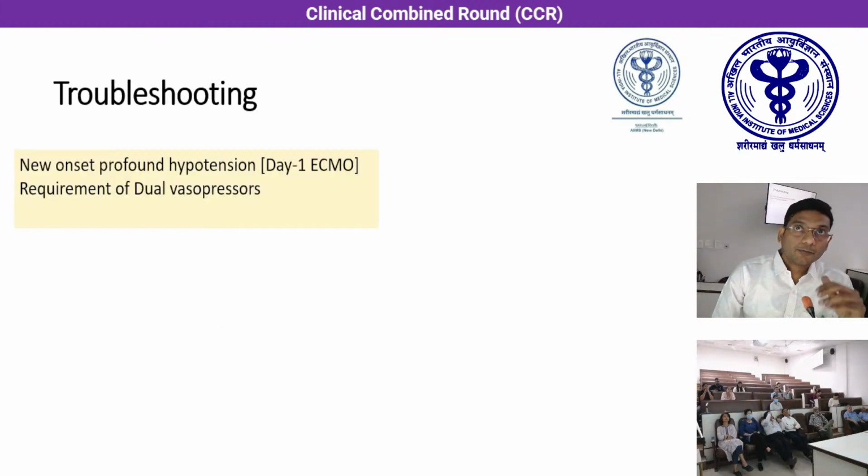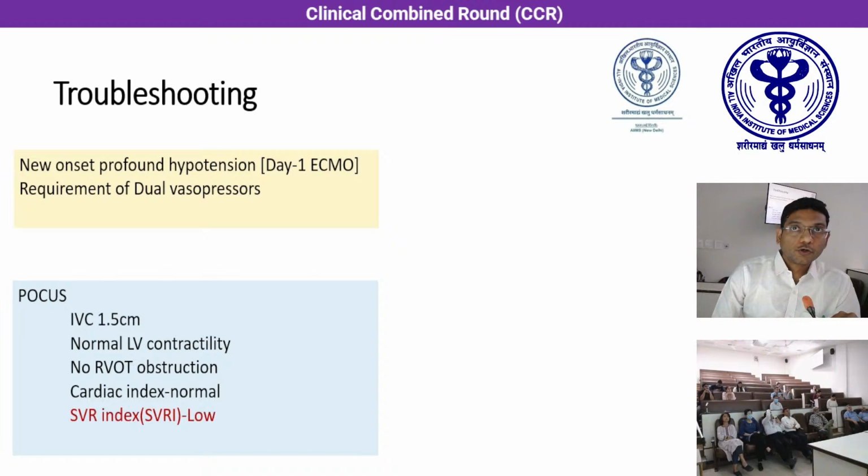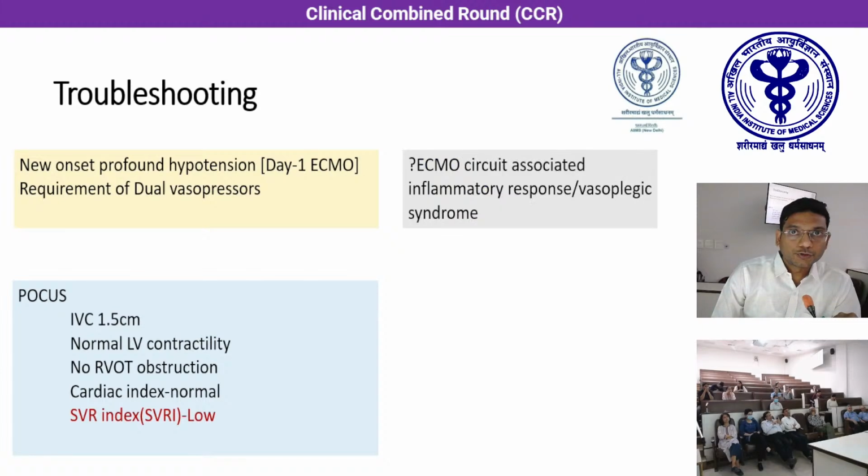During ECMO, on day 1 only, the patient had a new onset of hypotension and a requirement of dual vasopressors. We ruled out all the possible causes like hypovolemia or LV dysfunction, but we found that her volume status was normal and her heart contractility was normal. However, her systemic vascular resistance index was found to be low, so a distributive kind of shock was suspected.